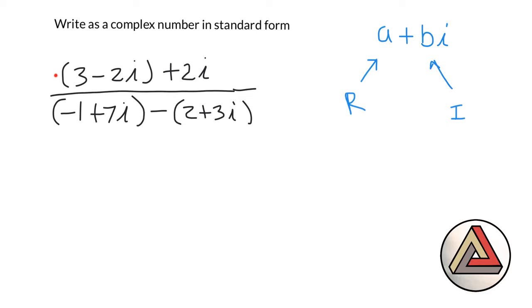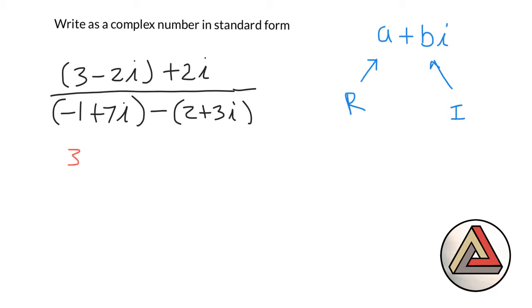Bottom line is there's an invisible positive 1 right there that could be distributed into the parentheses. And the same goes for this one. So we could rewrite this thing only without parentheses, and we could rewrite this thing only without parentheses. This one's a different story where we're going to be distributing a negative into both of these terms right here. So I'm just going to do all that on the next line right now.